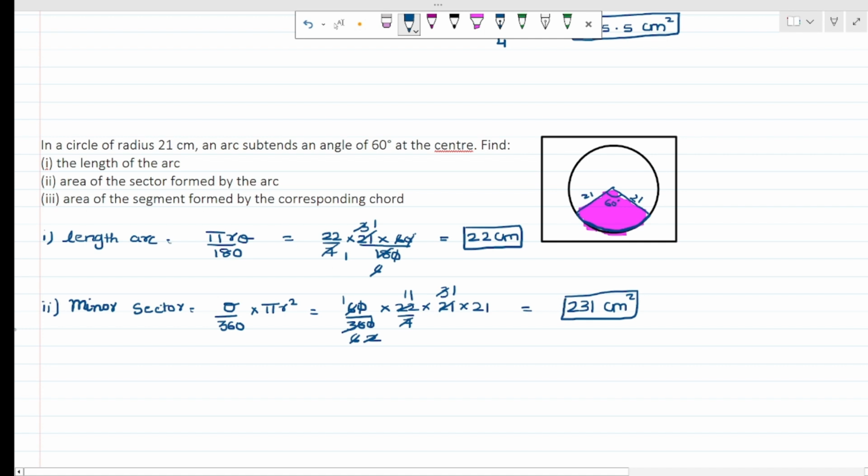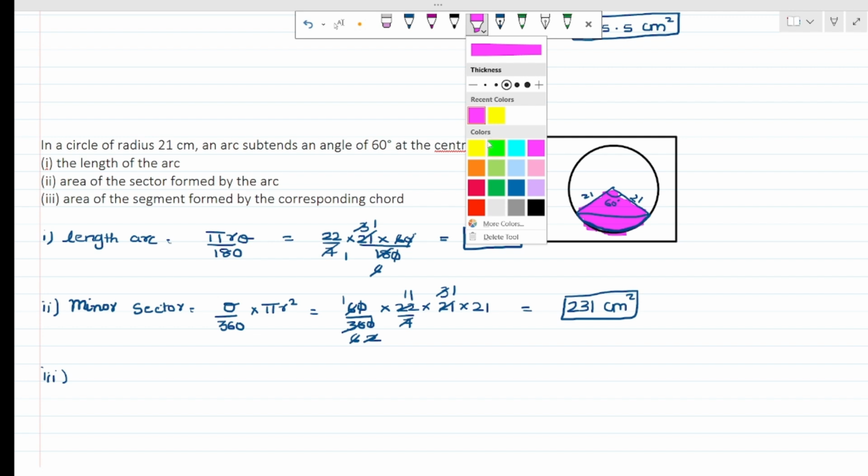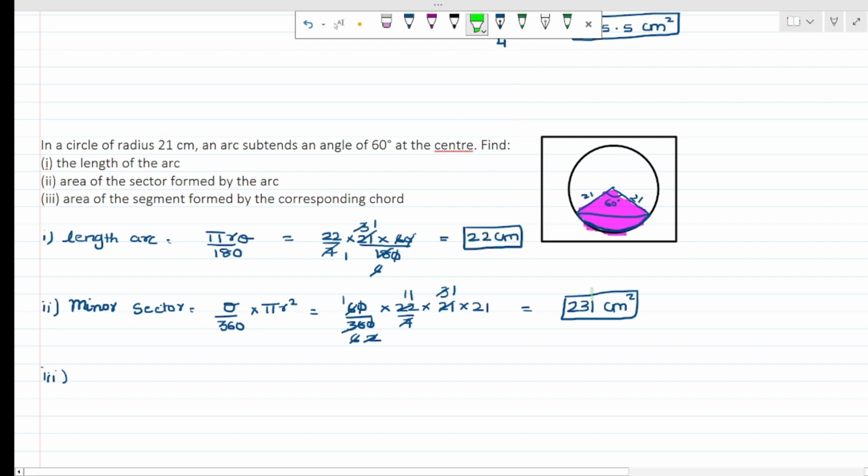Now what is the third question? Your third point is you need to find the area of segment formed by the corresponding arc. Okay. Now this is my chord and I need to find out the green area. This green area. I need to find out the area of minor segment.